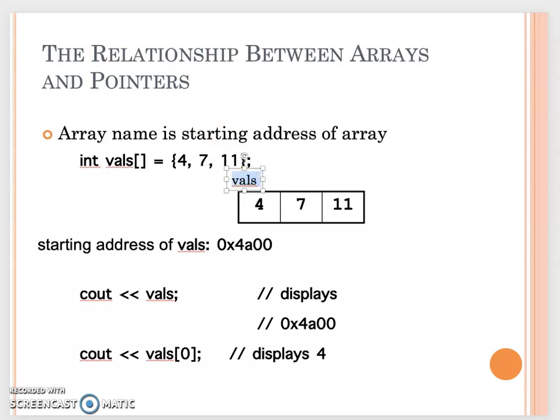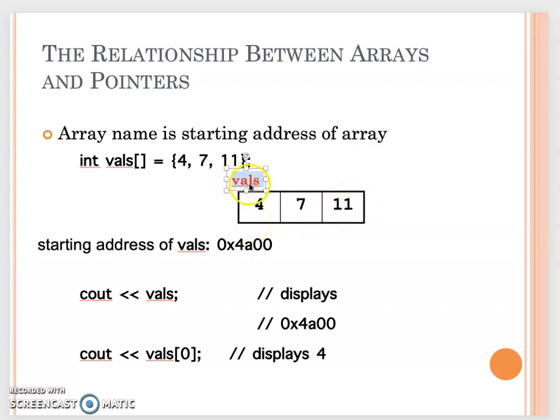What does this array name mean? When we have the vals array name with the square brackets, we are trying to access the elements one by one. But if you have only the array name alone, this vals array name refers to the beginning of the array memory location.